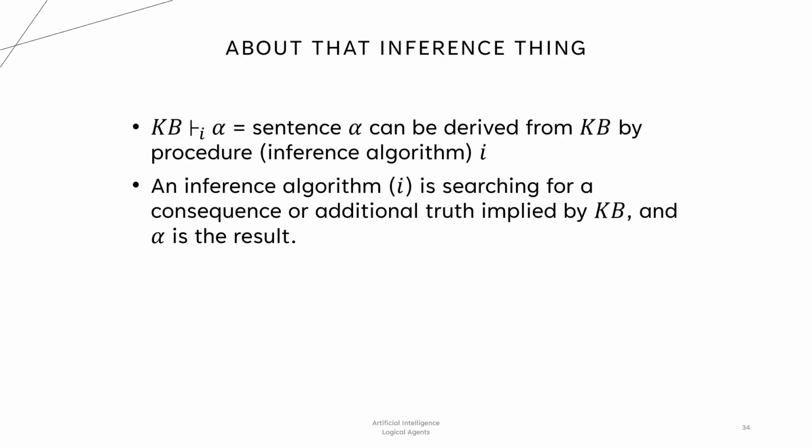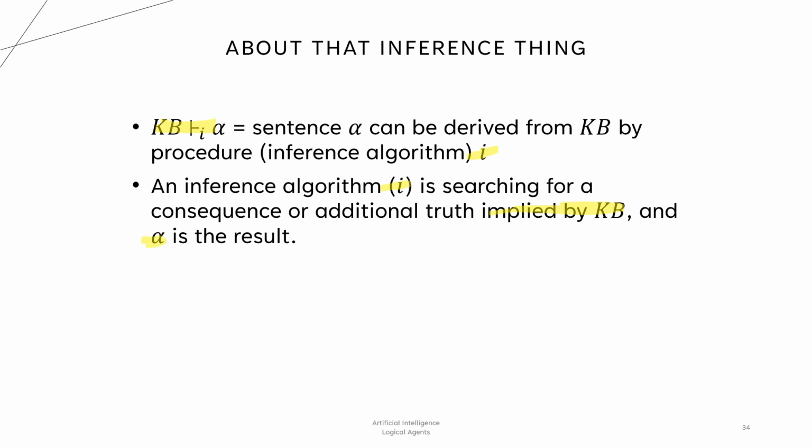Okay, so now we're going to talk about inference in more formal terms. KB infers alpha. That means a sentence alpha can be derived from KB by the inference algorithm I. So an inference algorithm I is searching for a consequence or additional truth that's implied by KB, and alpha is the result. So again, we're not trying to come up with something new or false that's not based on existing information.